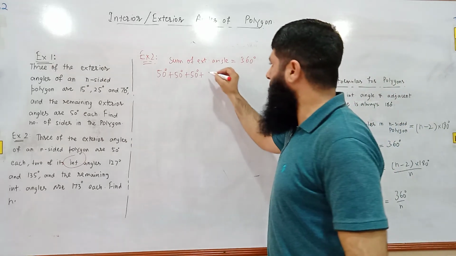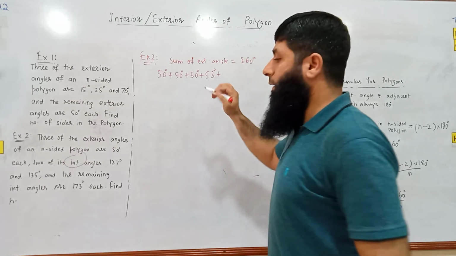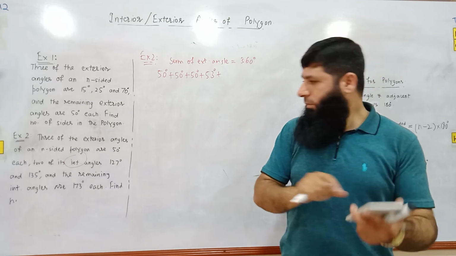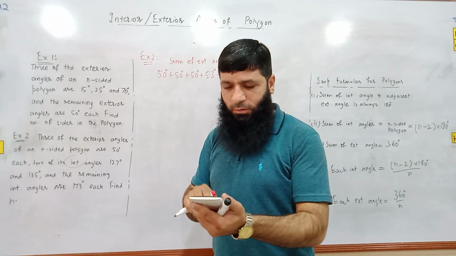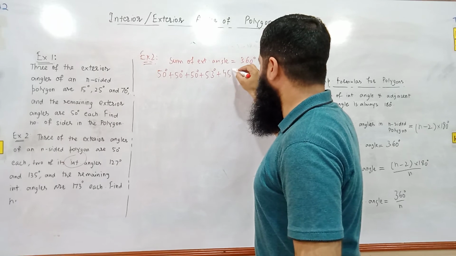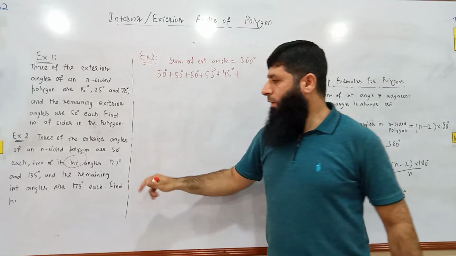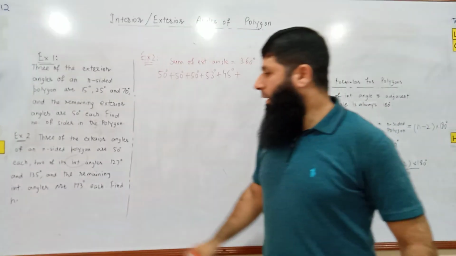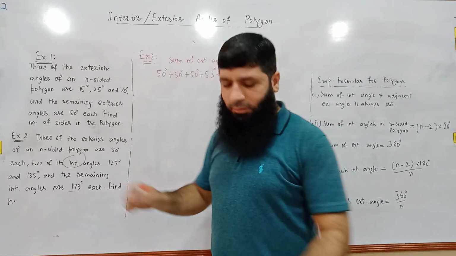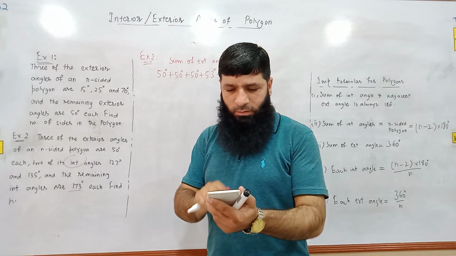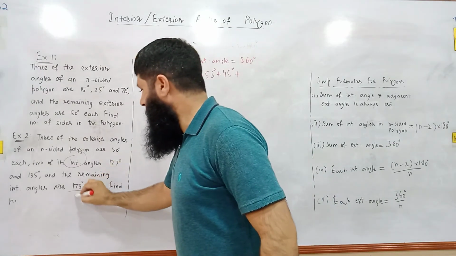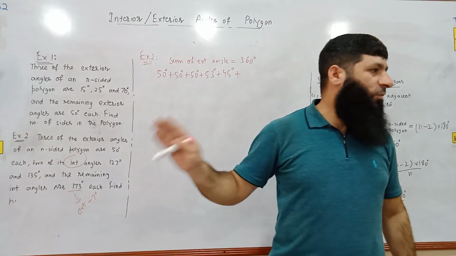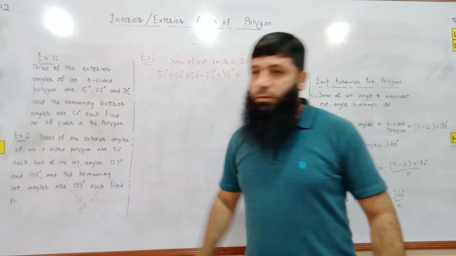That will be 53. Similarly, the adjacent exterior angle to this interior angle is 180 minus 135. This will be 45. Plus, now it is given that the remaining interior angles are 173 each. 173 means the exterior angle is 7 degrees. So all remaining exterior angles are 7 degrees.